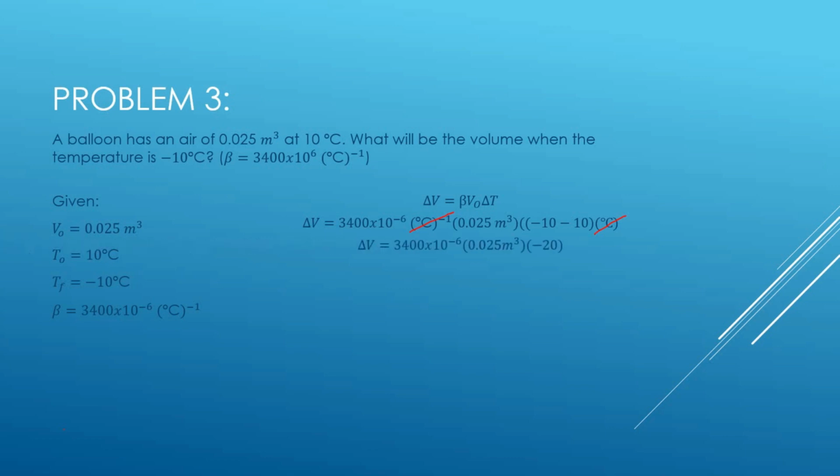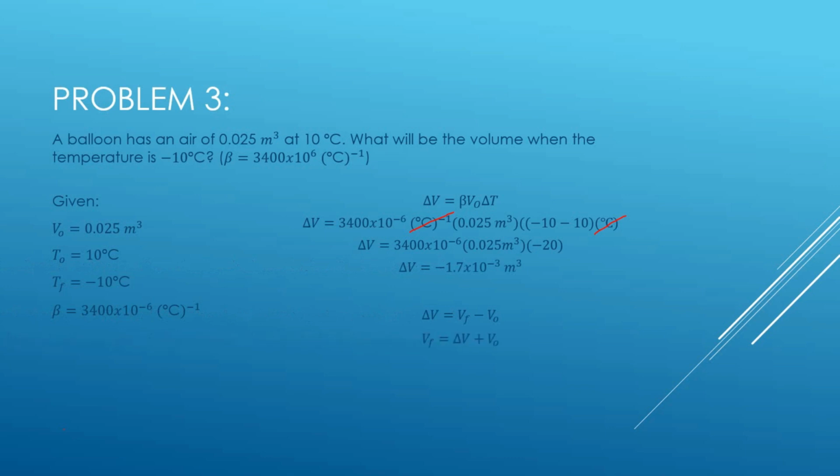And then if you input this in the calculator, 3,400 times 10 raised to negative 6 times 0.025 meters cubed times negative 20, we would get negative 1.7 times 10 raised to negative 3 meters cubed. So that is our change in volume.